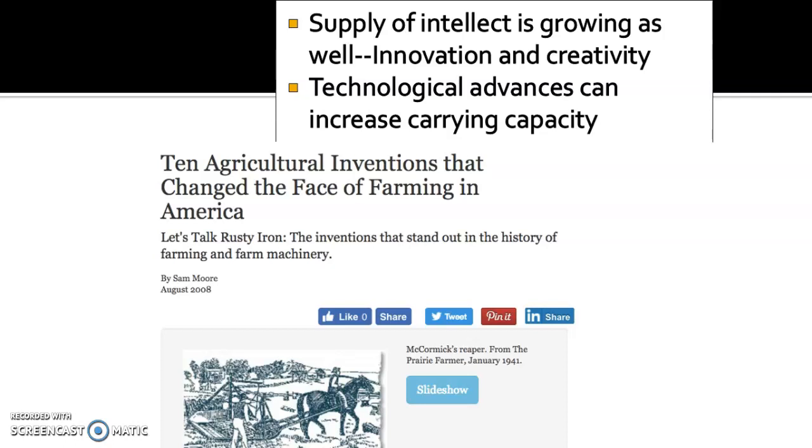We're going to talk about that in our unit on agriculture, but monoculture, irrigation, large, big pieces of farming equipment, that technology has allowed us to grow a lot more food per acre of land than we ever have before. And we could probably continue to do that. So we may be able to sustain a greater population on our planet than our initial evaluation would claim.